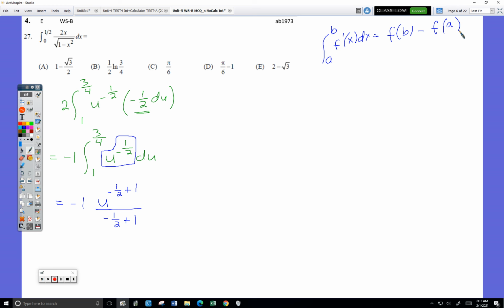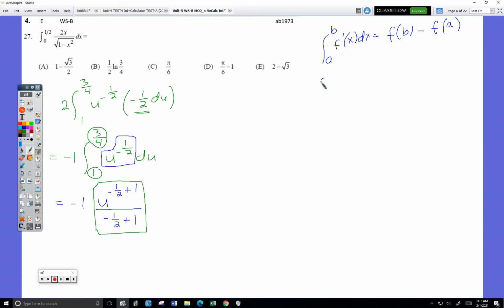So I'm thinking of this as being my f right here. This is my f. I need to plug into that f values of B and values of A. In other words, I need to plug in this value and this value. So there's some notation that kind of helps this work go a little smoother.